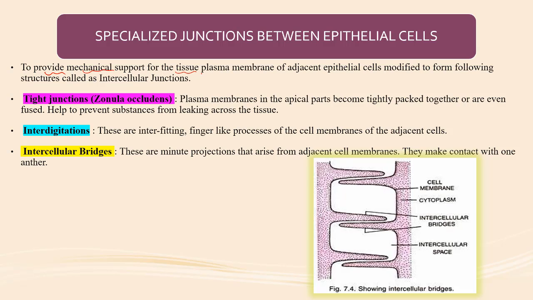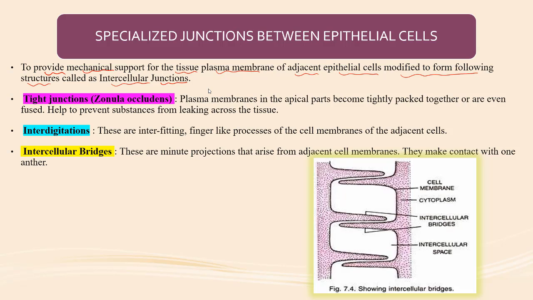The plasma membrane of adjacent epithelial cells is modified to form the following structures, called intercellular junctions, in a way that provides mechanical support for the tissue. They help connect the cells to each other.